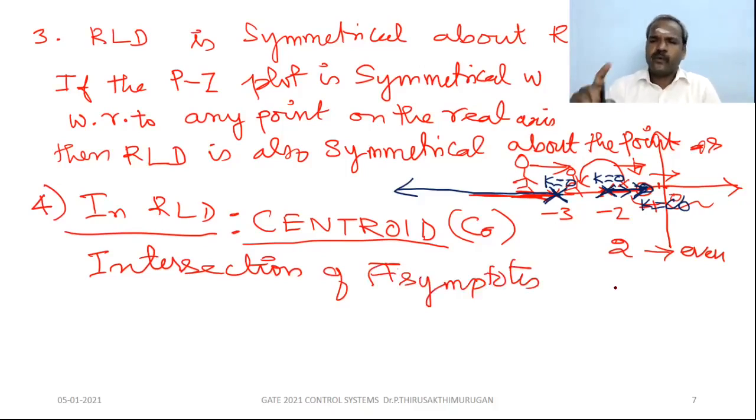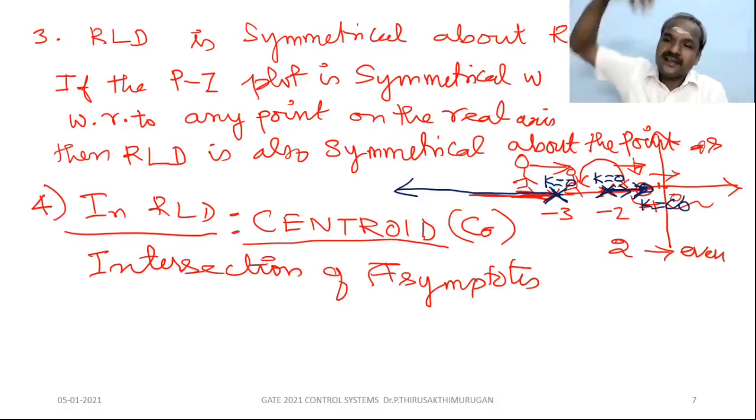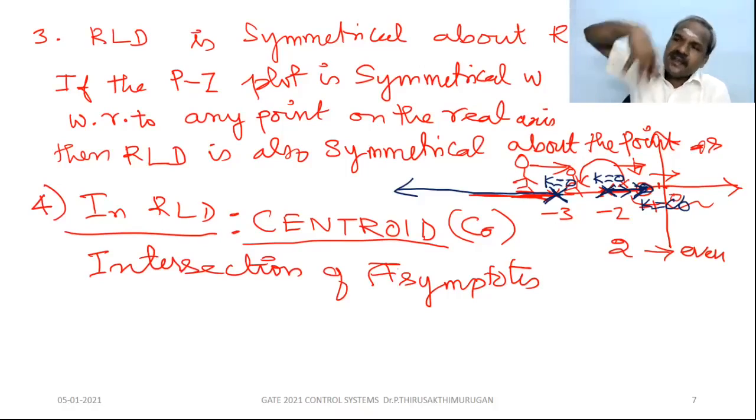A branch of the RLD always originates at a pole and ends at either a zero or at infinity in the space.